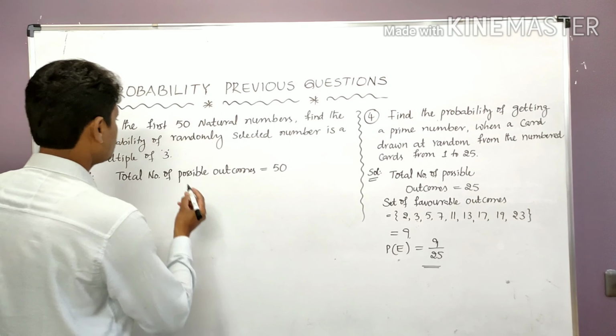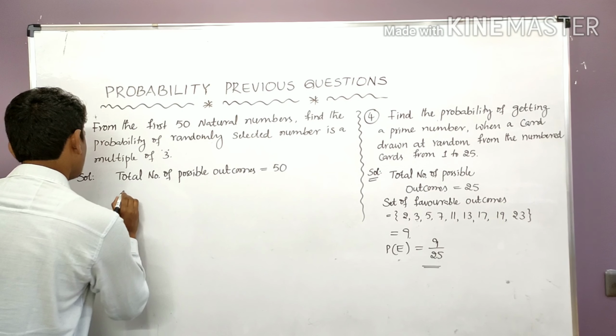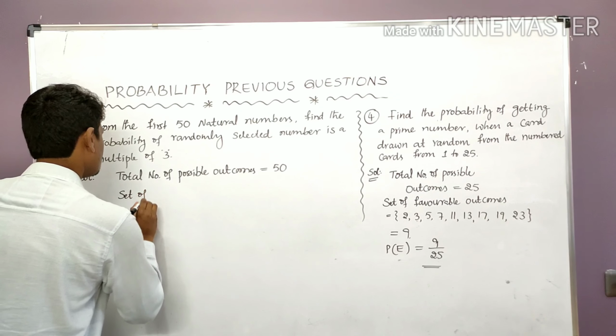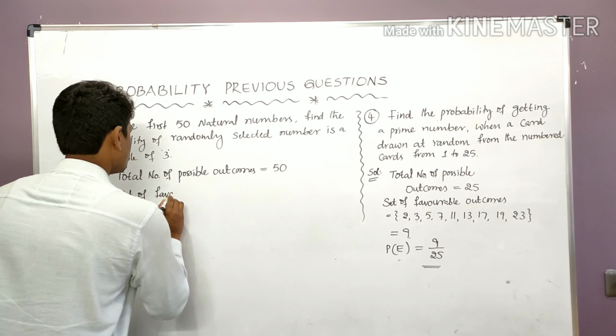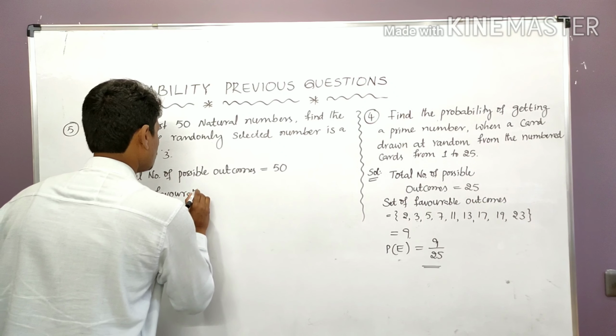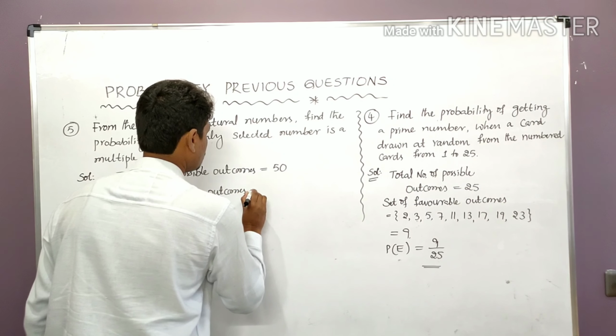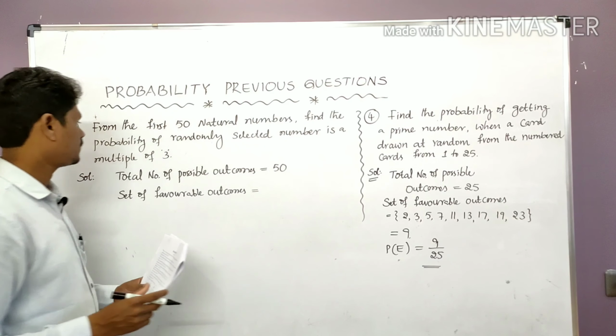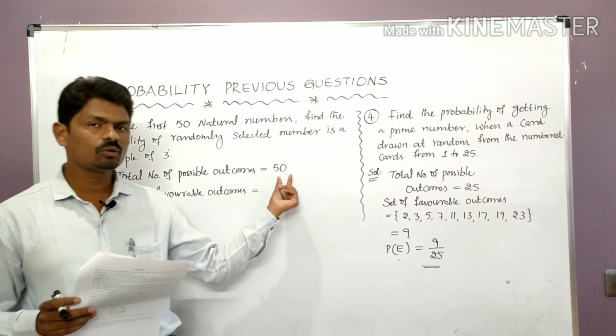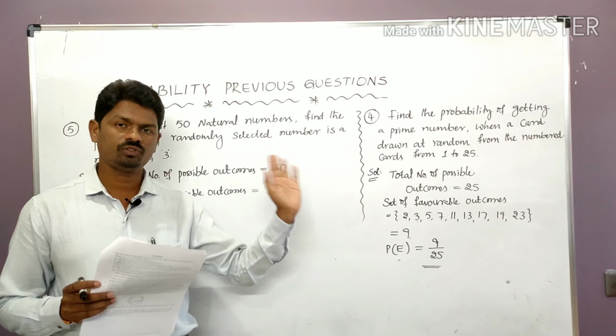Now we have to write the set of favorable outcomes. What are the favorable outcomes? They are multiples of 3. We have to select multiples of 3 from 1 to 50.